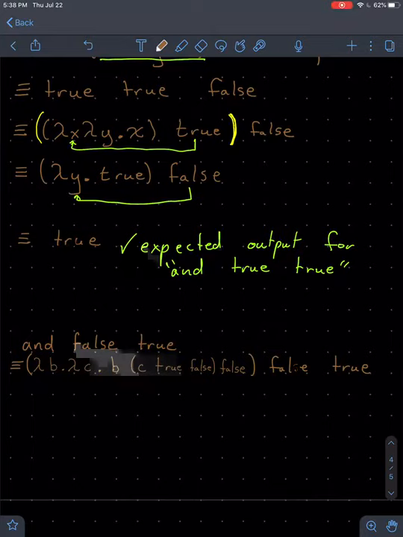I'm going to give you guys a second to try and reduce these yourself. So try out some reductions here. You're going to start by applying false and true to B and C. Okay, so subbing in false and true for B and C. So try that out yourselves and let me know what that first step should result in, where all you've done is subbed in B and C.